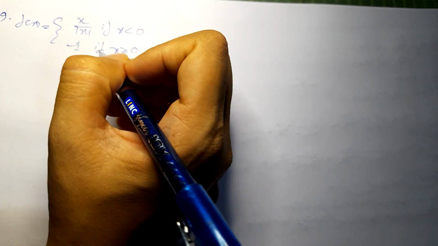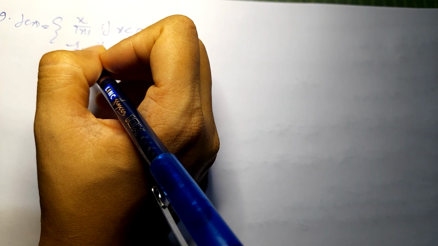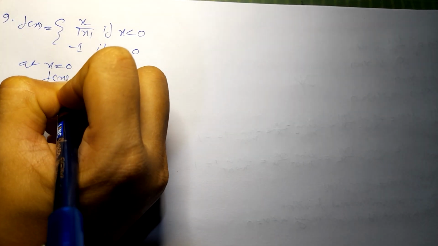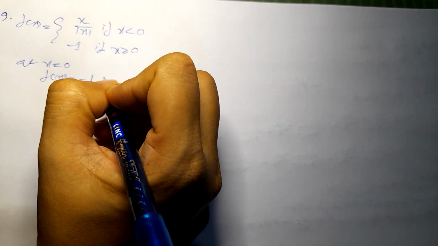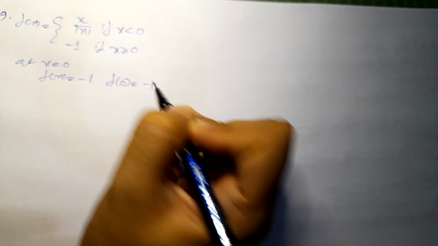When x is greater than 0, we have to take this one. And at x equal to 0, this is also the function, so at x equal to 0, f(x) is minus 1. So f(0) will give minus 1.